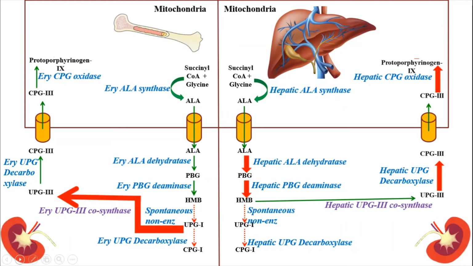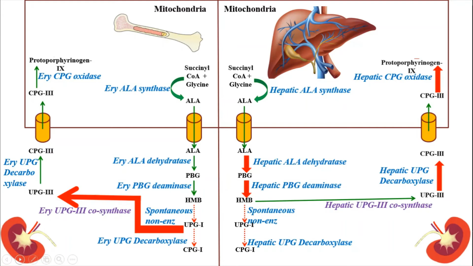Then they will come into systemic circulation, oxidize to coproporphyrin, will create clinical manifestation due to overaccumulation, and finally be excreted in urine. As CpG3 is a tetrapyrrole, photosensitivity is there. As it's a hepatic variety, there is no question of anemia again.